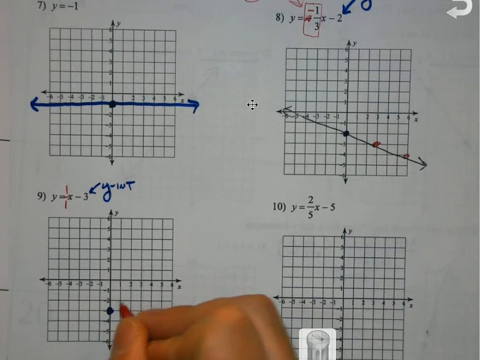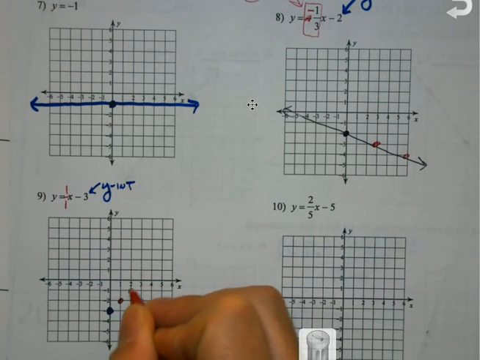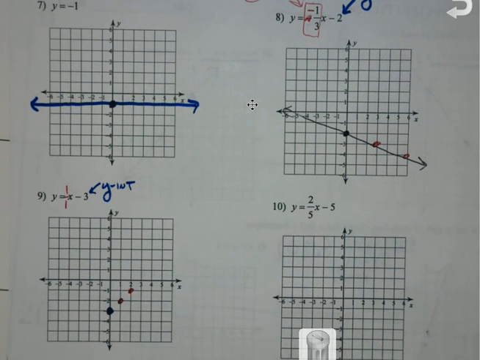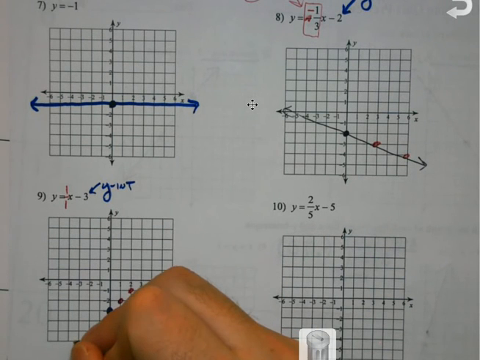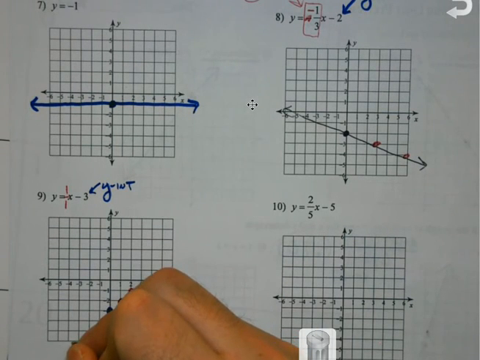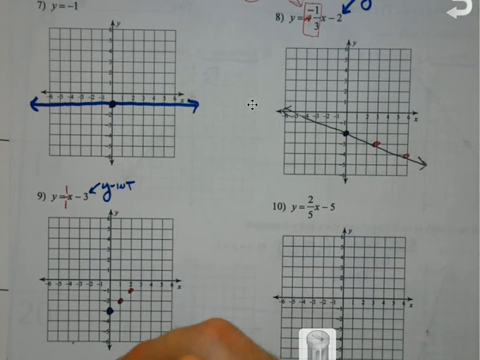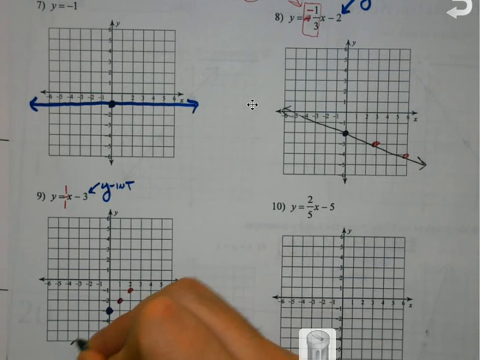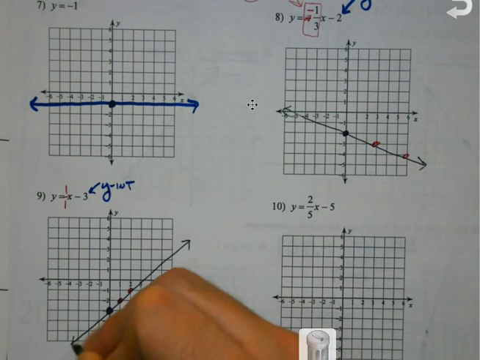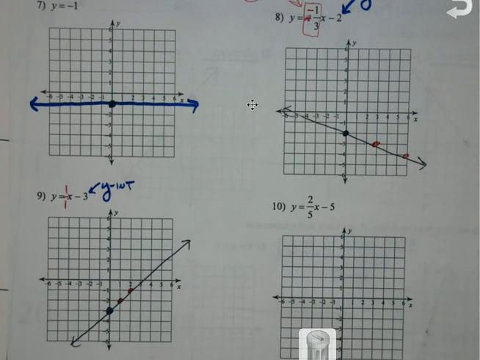So I go up 1 and right 1. Up 1 and right 1. If we can't get 3 dots, it's not the end of the world. I just do it when I can.